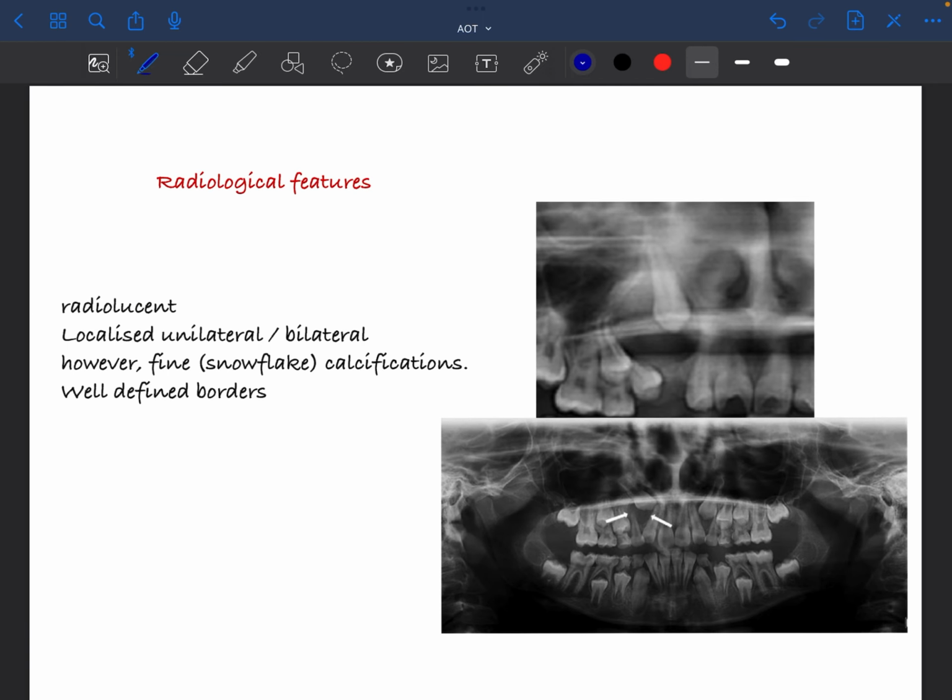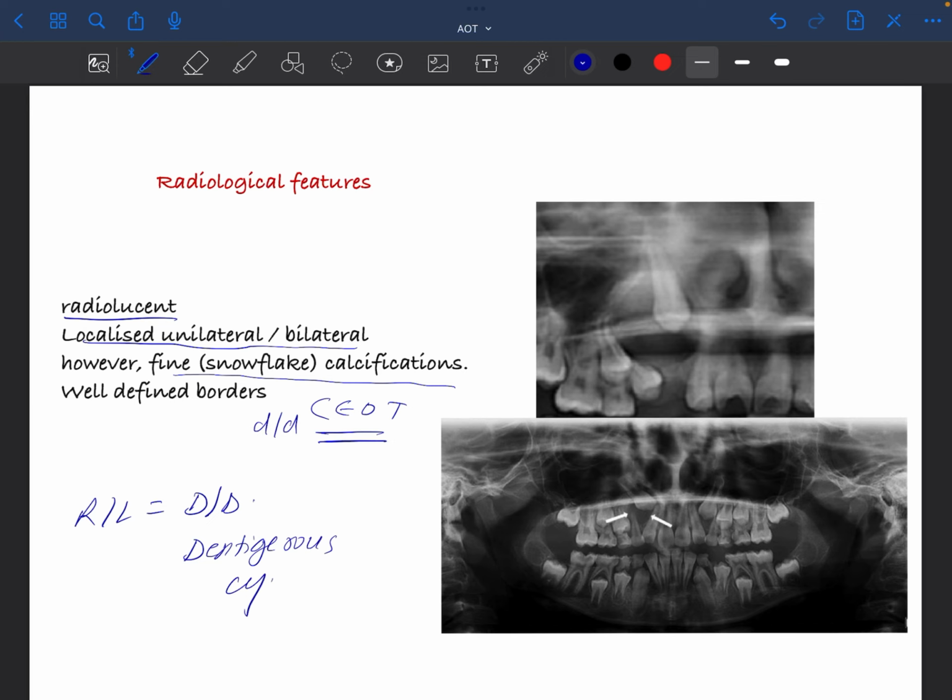Radiologically, as I told you, its features are very similar to a dentigerous cyst. It's going to be radiolucent, localized, unilateral, except there may be small parts of calcification in the tumor, the snowflake calcification. That's why sometimes it becomes a differential diagnosis of CEOT. If it is purely radiolucent, it is a very good differential diagnosis of dentigerous cyst, especially if it is present in the anterior maxilla.